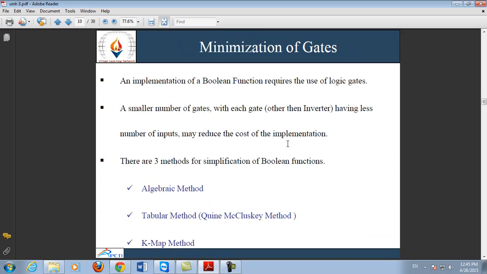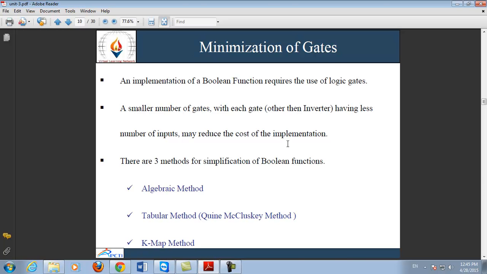Now, as I told you that minimization is necessary to reduce the complexity, and minimization of gates is achieved by using any of the three methods, that is algebraic method, tabular method and K-map method.